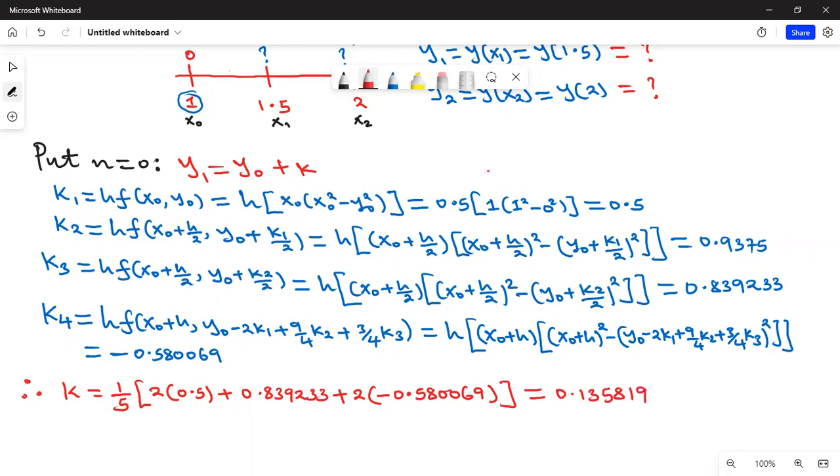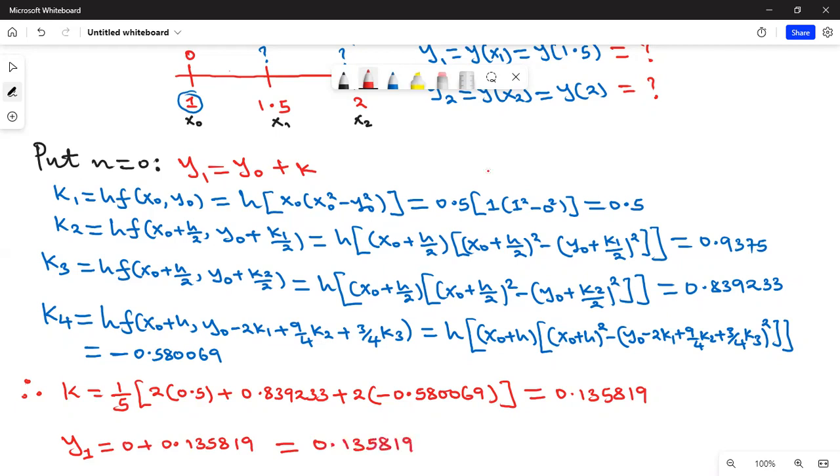And so you can now get y1, which is equal to y0, where y0 is 0, plus k, which is 0.135819.